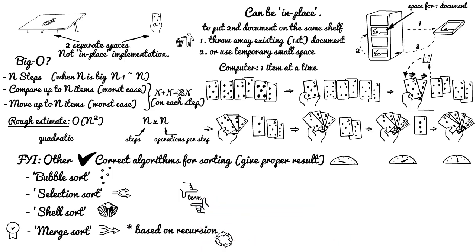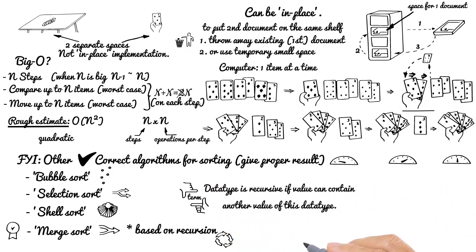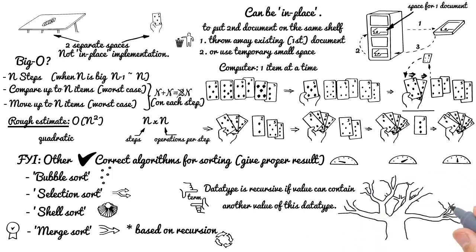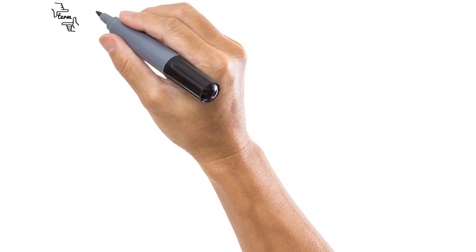When we discussed data types in a separate video, we mentioned a data type is said to be recursive if a value of the data type can contain or refer to another value of the data type. And tree was a bright example of such a data type. Any part of a tree, any branch, can be seen as a smaller subtree. In that video we also mentioned the procedure data type.